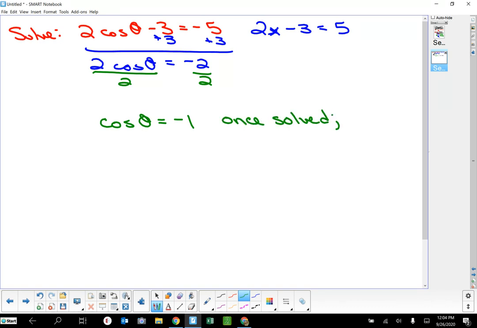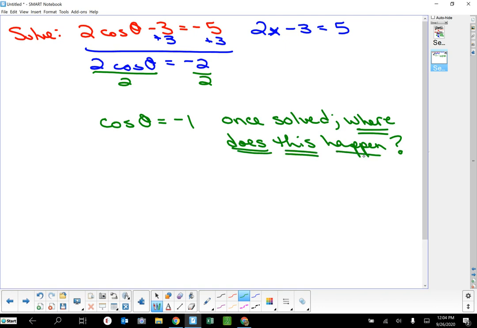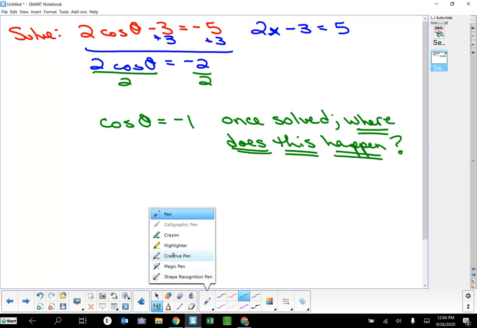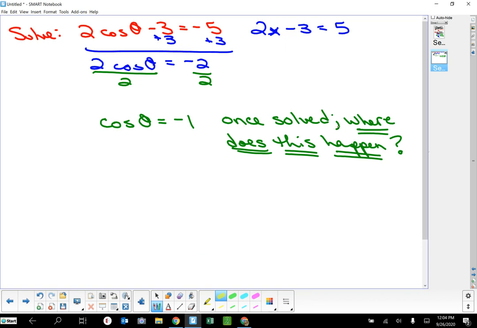Once you solve it, the question you need to ask yourself is, where does this happen? And this is really the all-important part of this section. It's not the solving part. It's finding out where it actually happens.